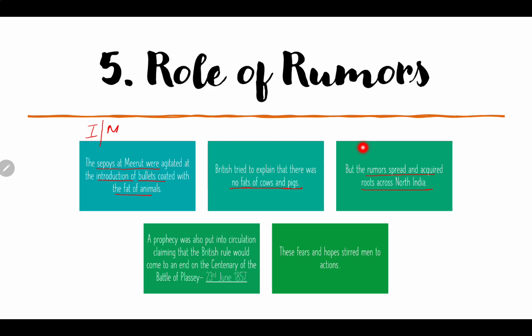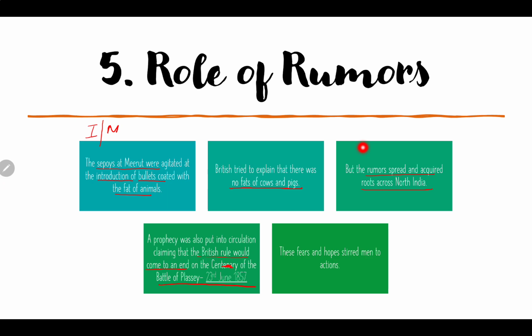That particular rumor spread, and a prophecy was also put into circulation, claiming that British rule would come to an end on the centenary of the Battle of Plassey, on 23rd June 1857. Different kinds of prophecy were started, like the prophecy that British rule would end in 1857.